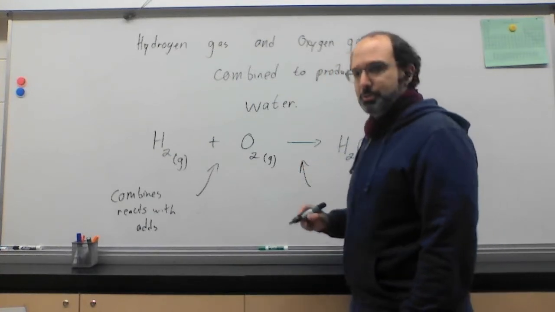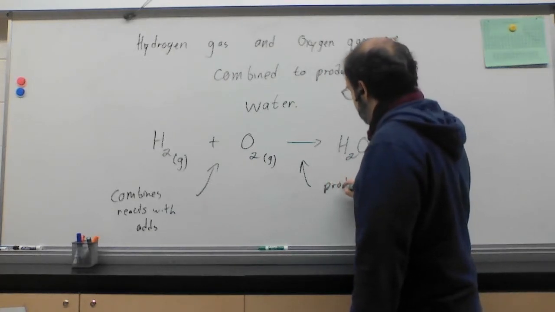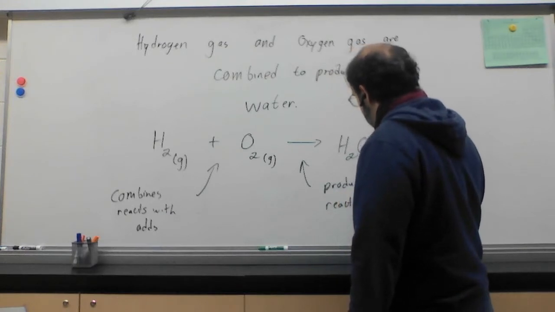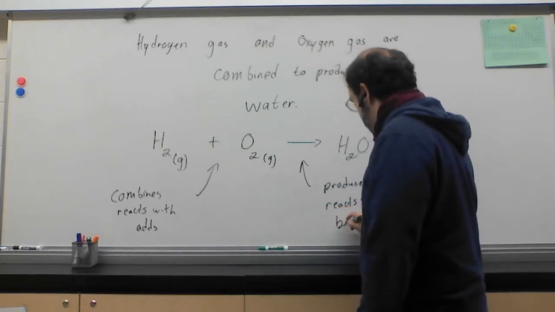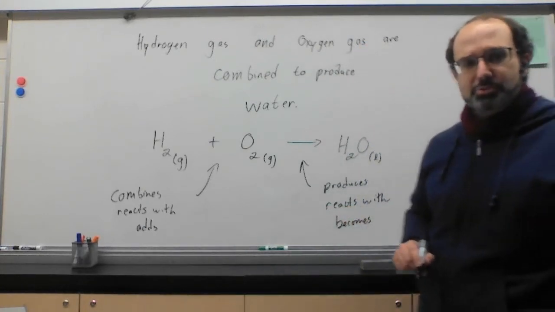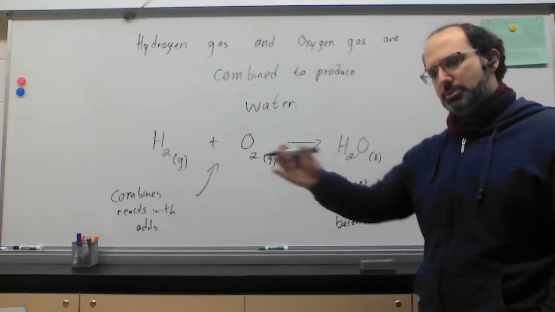What about this arrow? Well, the arrow is produces or reacts with or becomes. Basically, it's the chemistry equivalent of the equal sign. The difference is that the equal sign means that the two sides are the same.